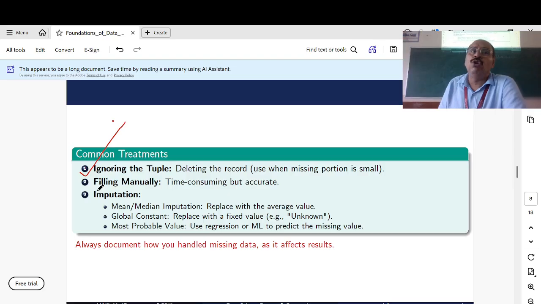I'm checking through all your marks. I didn't find one student's mark. I'll call the student, check what his mark is and then enter it. This is manually entering the missing data. This is time consuming, but it gives us the exact value.